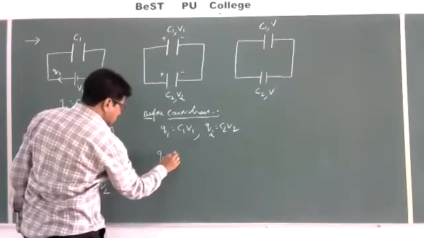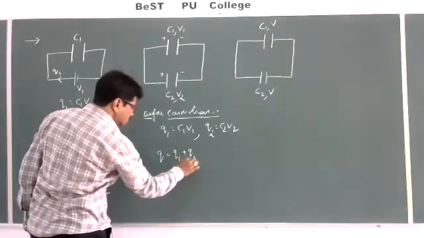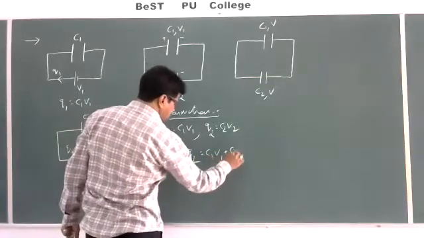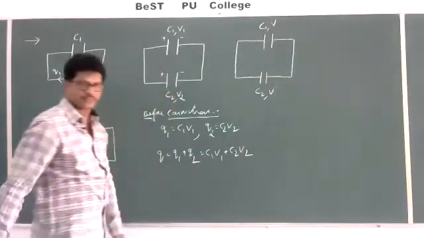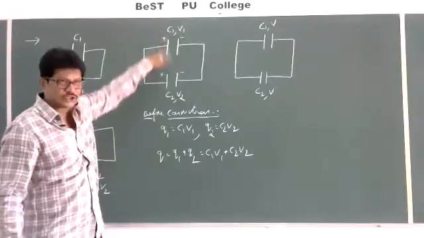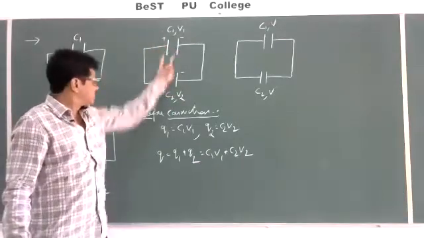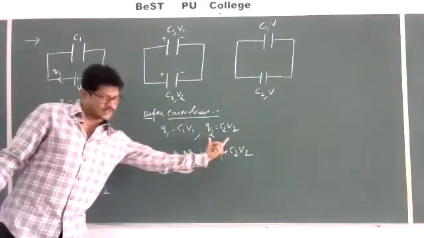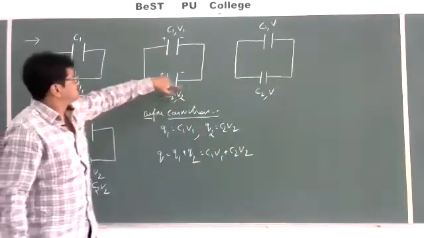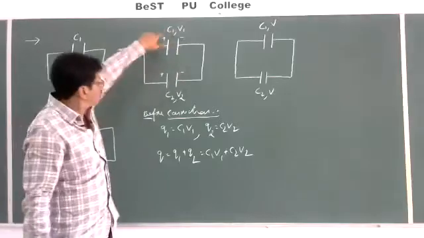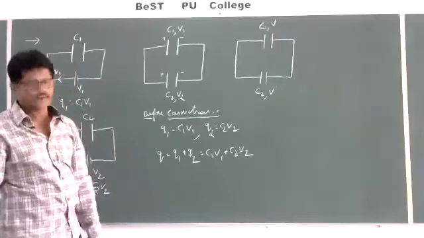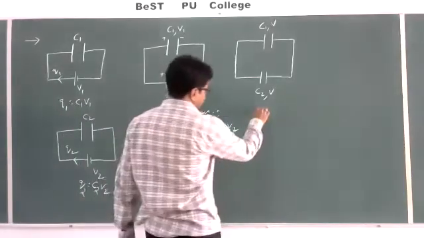Total charge of the system is equal to Q1 plus Q2, which is equal to C1V1 plus C2V2. Before connecting these two, the charge of this capacitor is this much. The charge of this capacitor is this much. Then what is the total charge of those two capacitors? It is C1V1 plus C2V2.